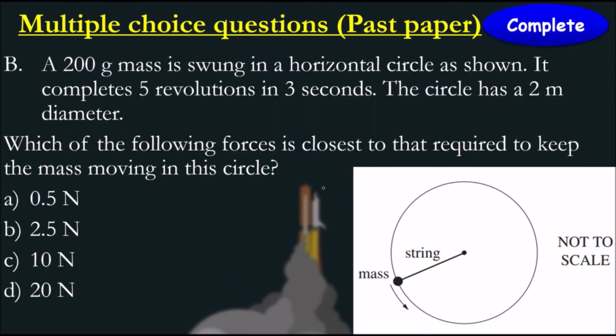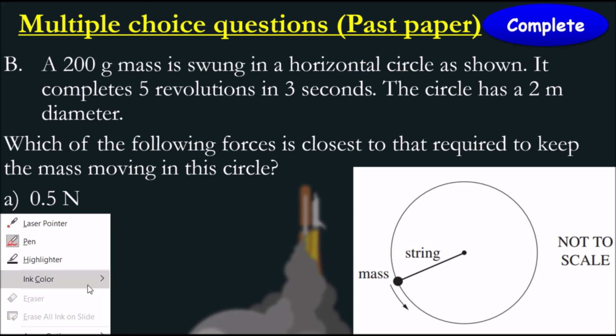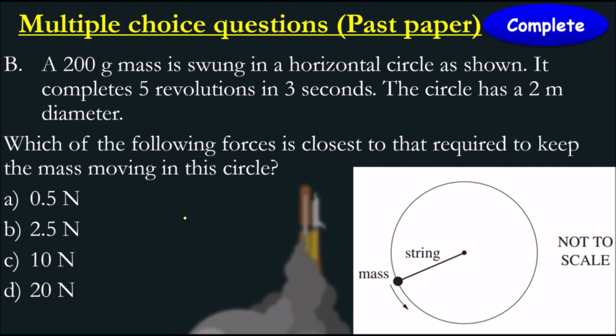We have a 200-gram mass swung in a horizontal circle as shown. It completes 5 revolutions in 3 seconds. The circle has a 2-meter diameter. Which of the following forces is closest to the force required to keep the mass moving in this circular motion? Okay, so we firstly need to find the period for one revolution to occur.